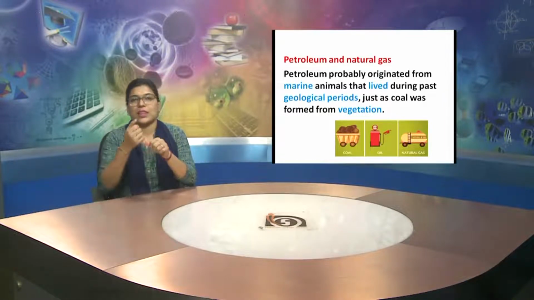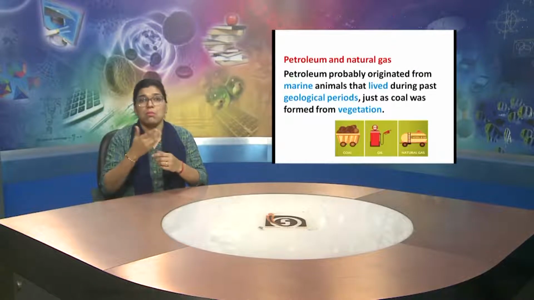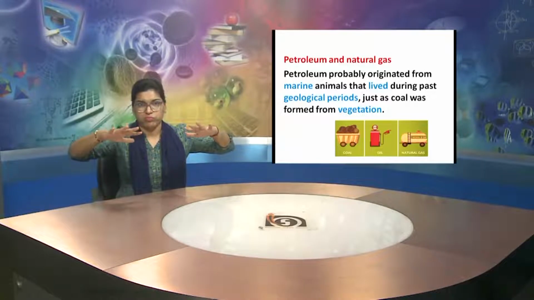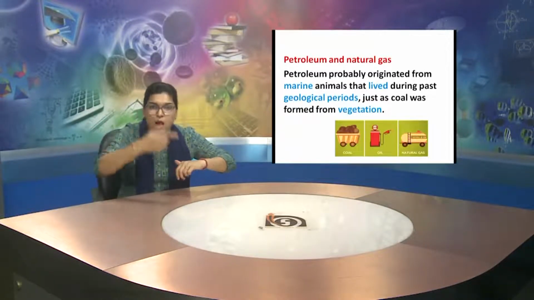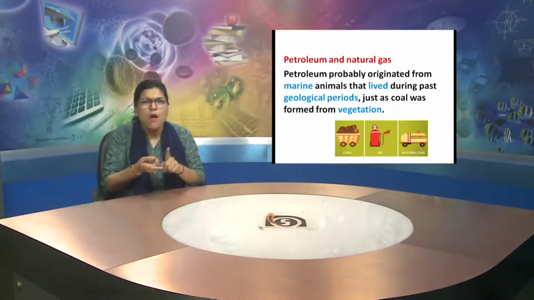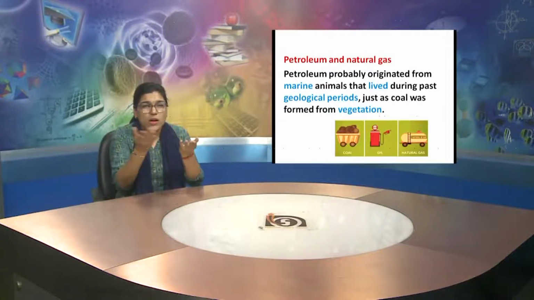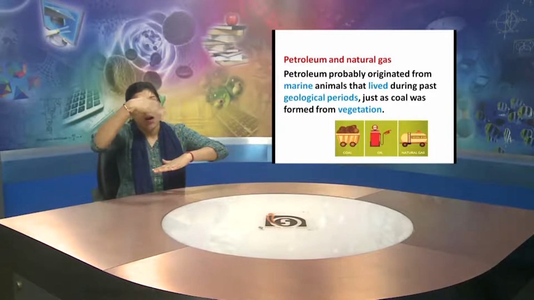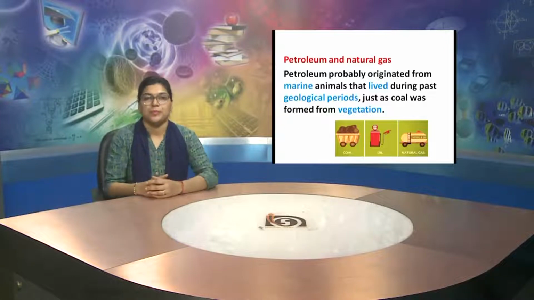Now this is another use of energy, which is petroleum and natural gas. Petroleum probably originated from the marine animals that lived during past geological periods, just as coal was formed from vegetation far below the ground.